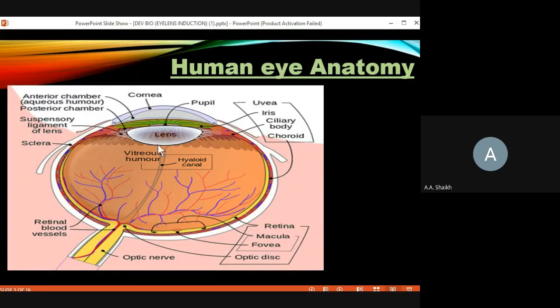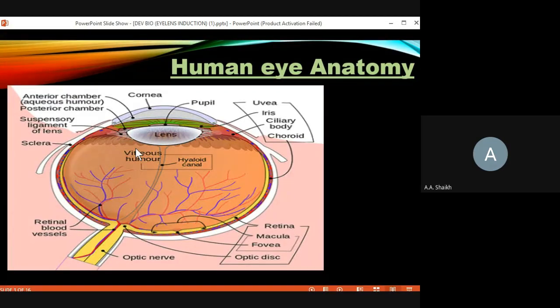These two regions are present in each eye, and they help in completely holding the lens.